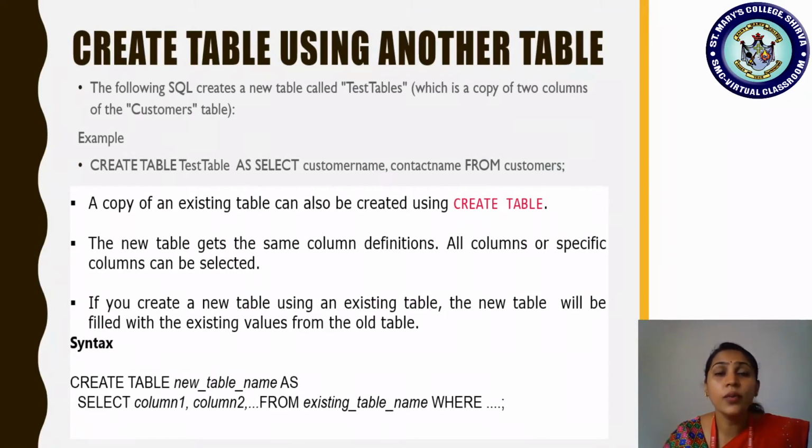By now we have several times discussed the customer table, right? Yes. So in this example we are trying to create a new table called test table, which is similar to which columns? Two columns of the customer table.